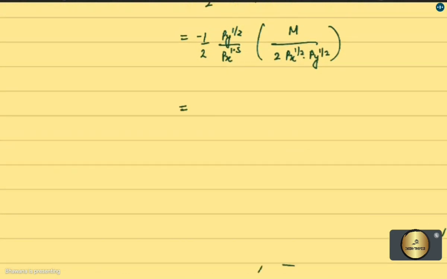So let's solve it. py cancels out, you will get minus m by this 1.5 and this half equals px square, then 2 into 2 you will get 4, 4 px square. This is the expression for your substitution effect.